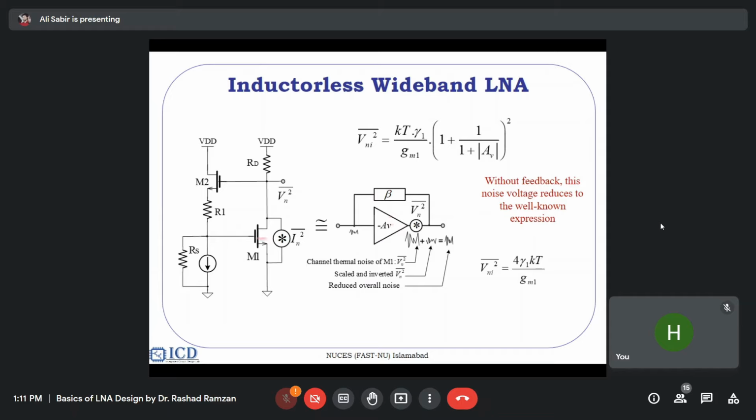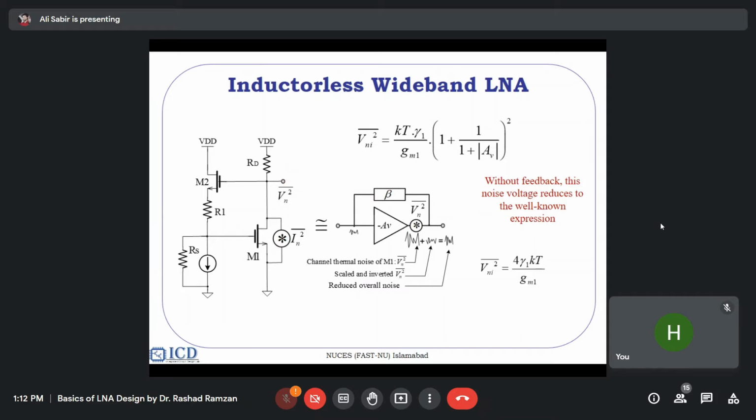When this noise comes to the output, In squared is multiplied by RD. So what I get at the output is In squared bar multiplied by RD squared. This is my output noise at this node, and it is modeled here. Got it?